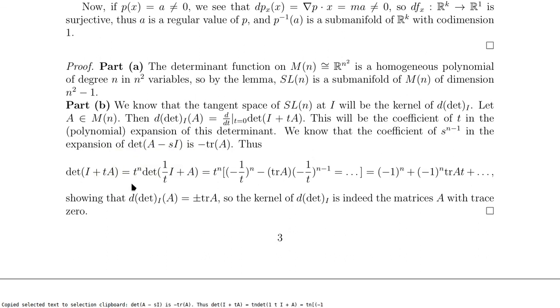And then you expand this out. We get (1/t)^n minus the trace of A times this, and it continues.